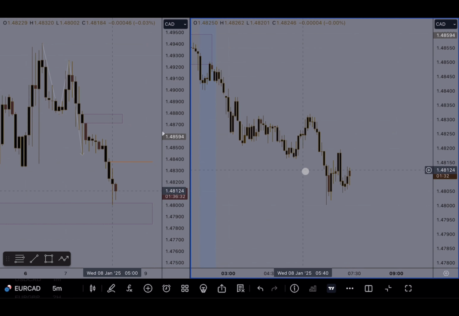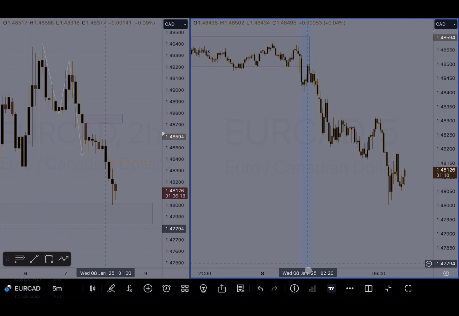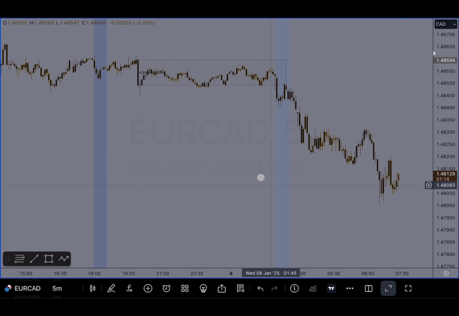With that in mind, that does make a lot of sense why the market has been behaving this way, beginning from the Asian session. Even though we do have some movement, we can't say we don't have any. This was a wonderful opportunity to get in the market using just our lower time frames.